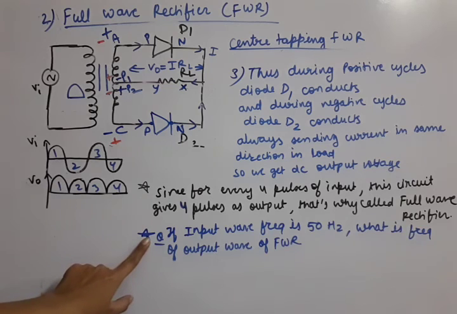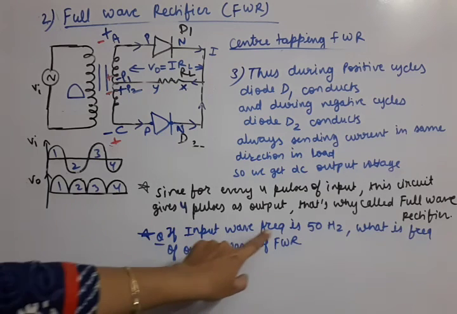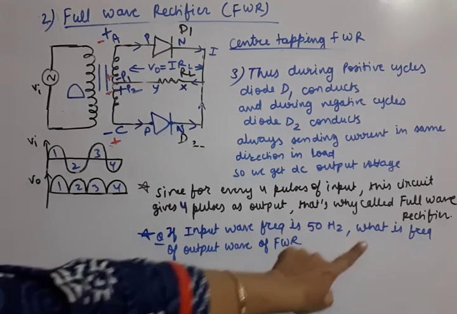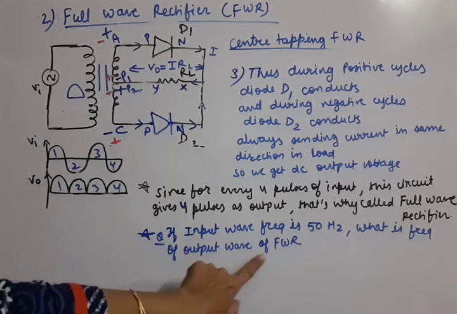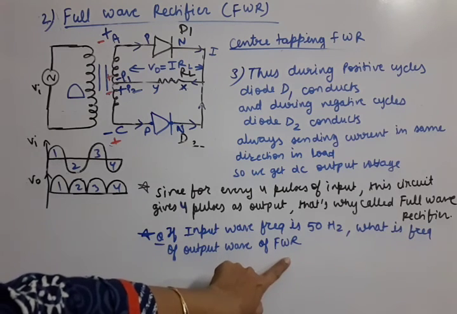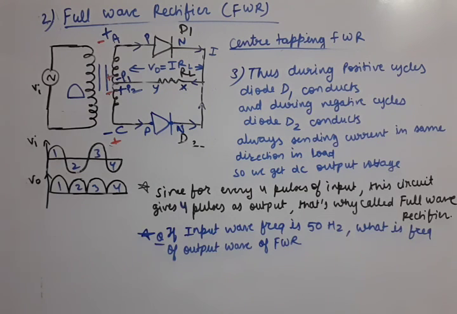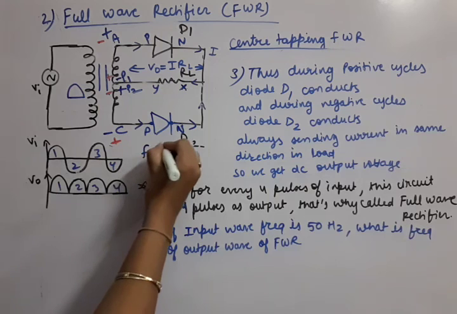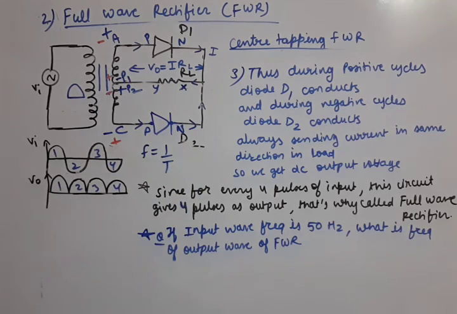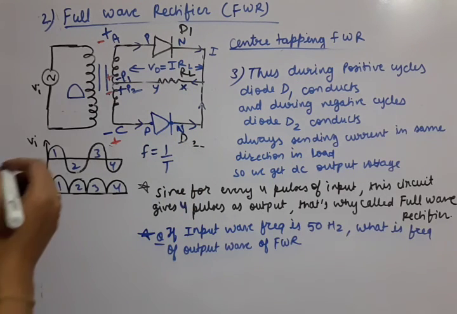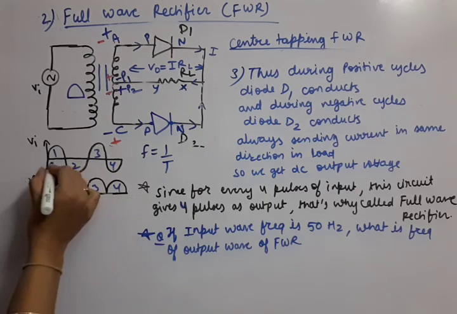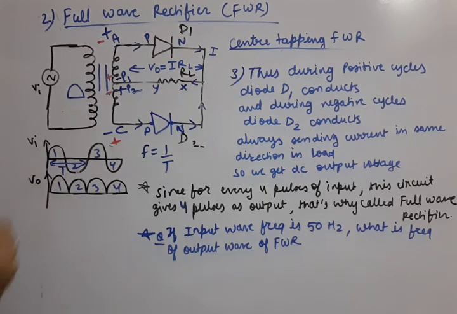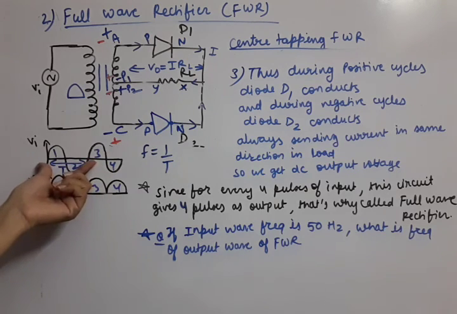Now second question, frequency. If input wave frequency is 50 Hz, what is the frequency of output wave for the full wave rectifier? Now as I have told you, frequency is reciprocal of the time. And time of one wave is here. You can see this is the time. You can see one wave is of this shape.